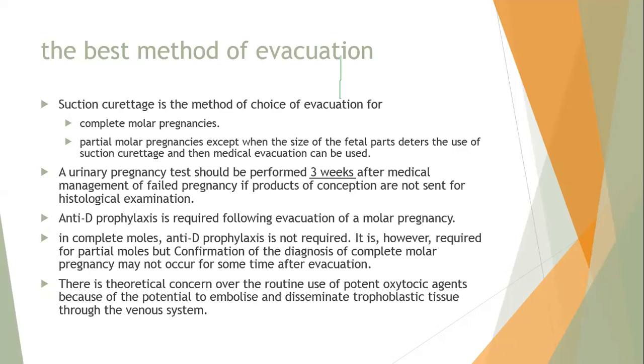This is for complete mole or even for partial mole, except if the size of the fetal parts is large. If the fetal parts are small, you can use suction evacuation. But if the size of the fetal parts is large, you cannot use suction evacuation.